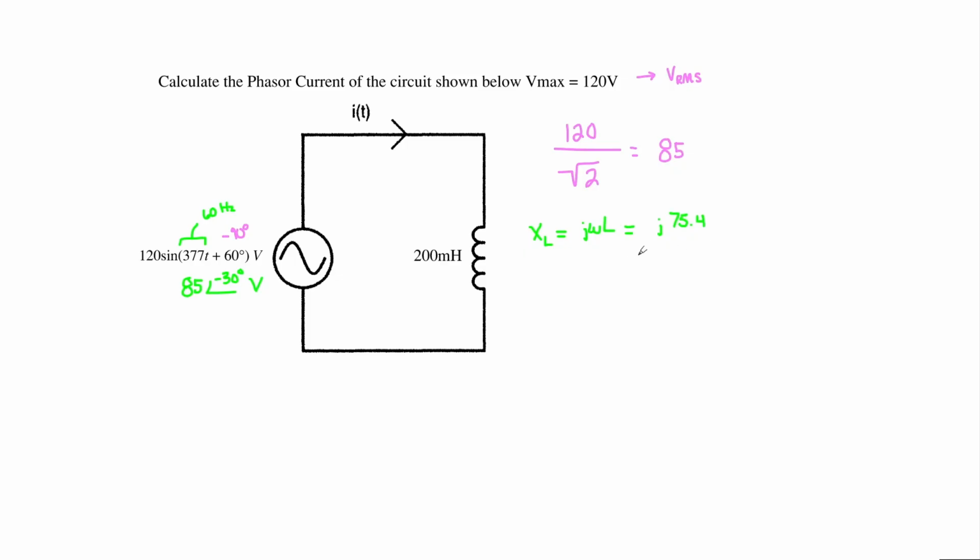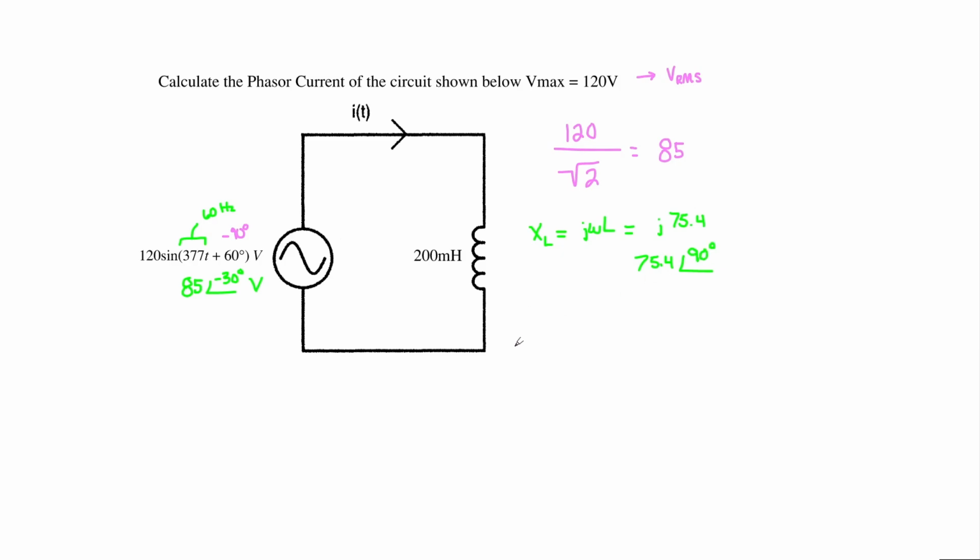Now, to convert this to phasor, we simply take our magnitude 75.4 at an angle. Since this value is solely imaginary, our angle is 90 degrees.